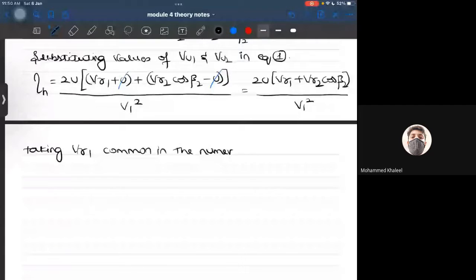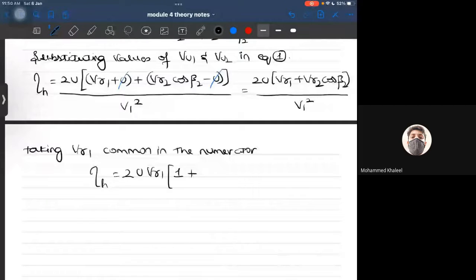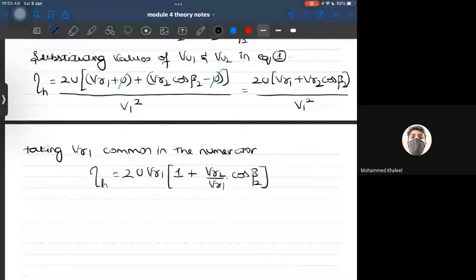So the hydraulic efficiency is equal to U is already there, into VR1 taken common, so it is 1 here, plus there is no 1, so I have to multiply by VR2 by VR1 into cos beta 2, close the bracket, whole divided by V1 square.